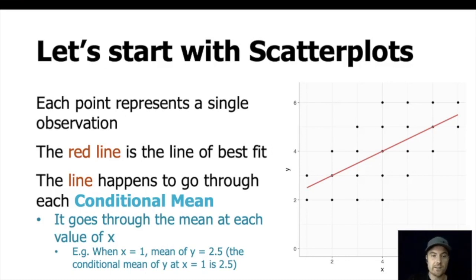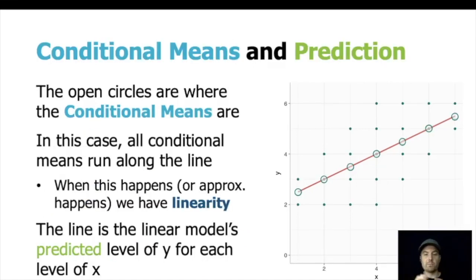The conditional means are just that. They're conditional on something else, but they're the mean of our outcome. I have them circled here on this plot. Each circle represents a conditional mean when x is at a different value. In this case, all the conditional means run perfectly along the line.